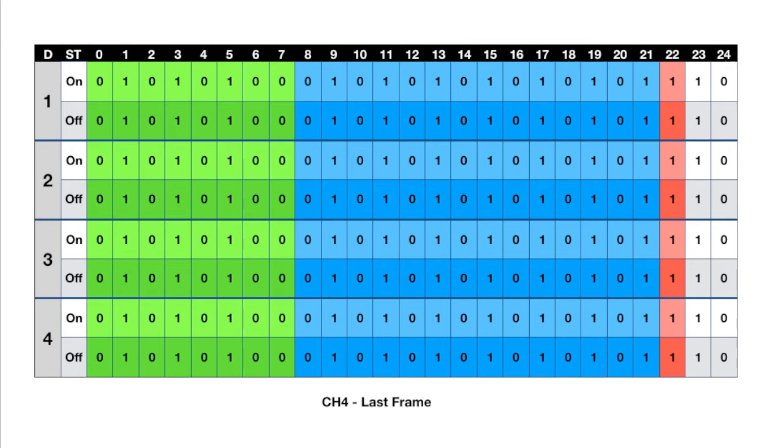Finally, another notable change with respect to the first frame is that bit 22, which is an even bit, should be a 0, now is a 1. And bit 23, that should be alternating between 1 and 0, they're all 1s as well.